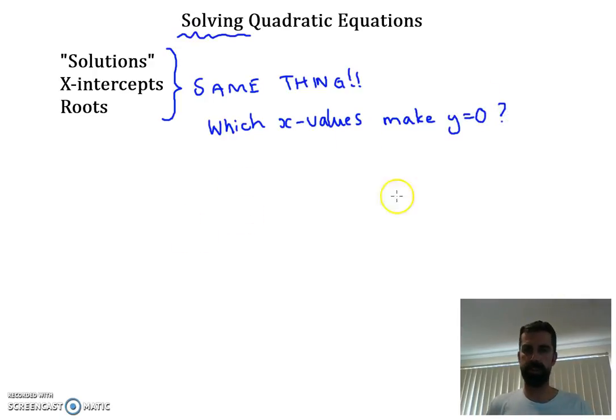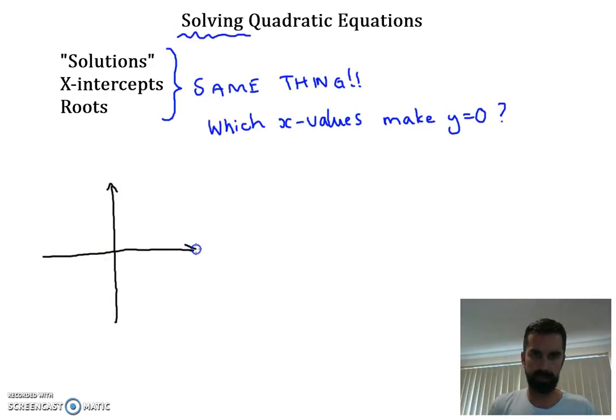So we're just interested in what x values can go into a quadratic equation to make y equal to 0. And there's a few possibilities with that. As you guys know, if we look at the graph of a quadratic equation, there's a few possibilities in terms of how many solutions there might be.